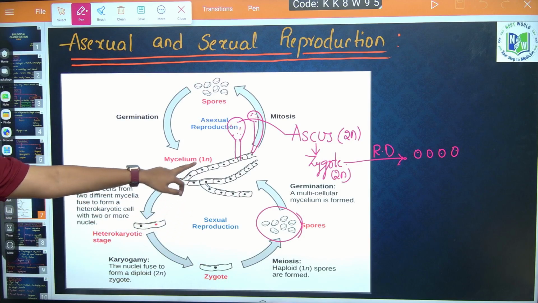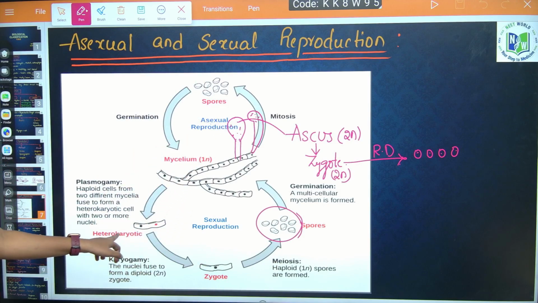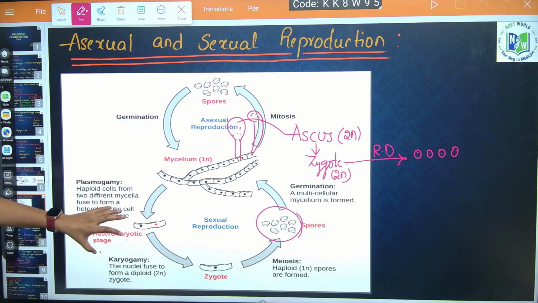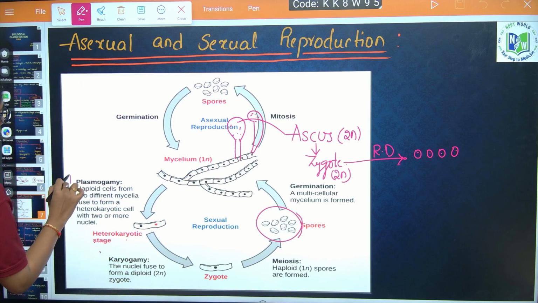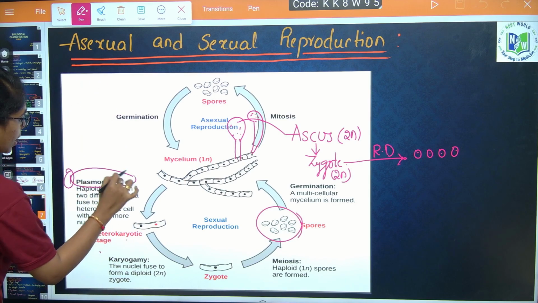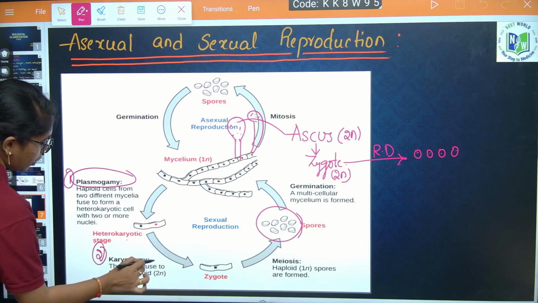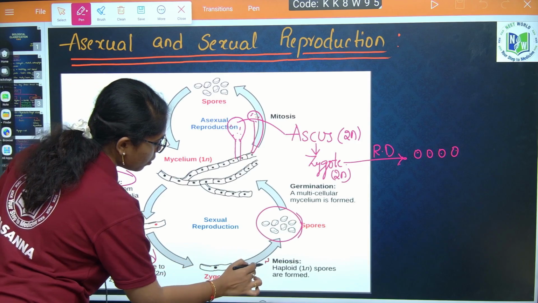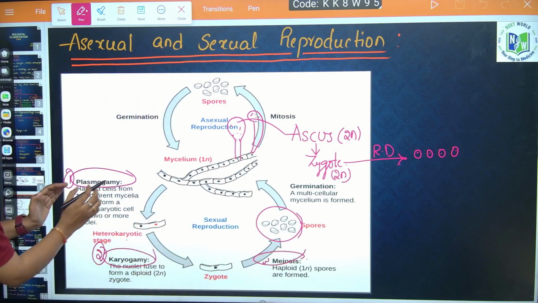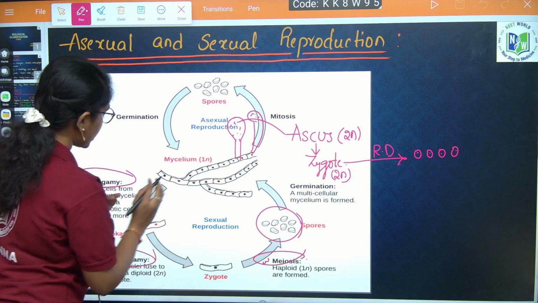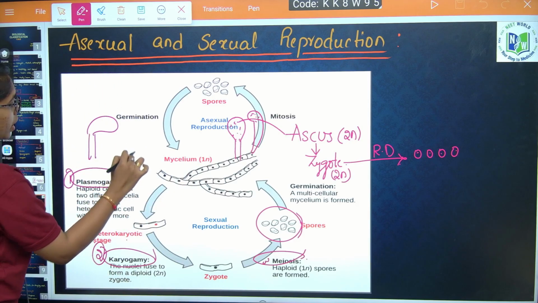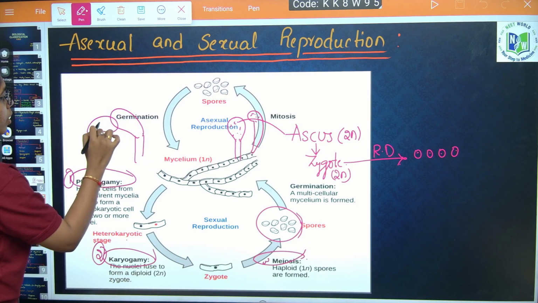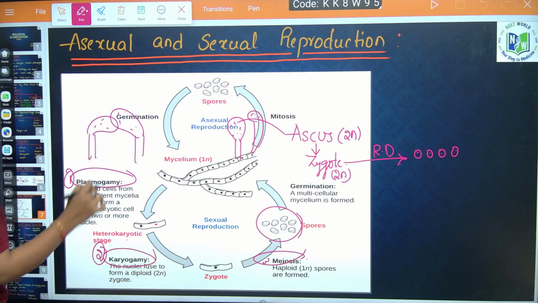If you see here, the ascus is the heterokaryotic stage. If you look into sexual reproduction keenly, there are 3 substages. One is plasmogamy, second is karyogamy, and third is meiosis. Plasmogamy is first protoplasmic fusion, between 2 fruiting bodies or 2 compatible mating types.